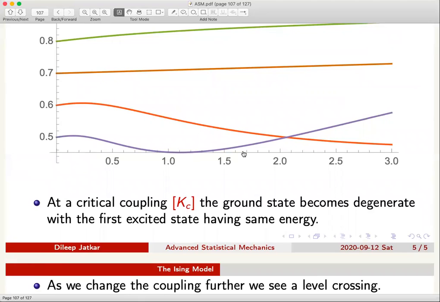Whereas what we are looking at is the ground state. In a thermodynamic system, in statistical mechanics, the ground state plays a much bigger role. So we are far from the classical limit of the system actually.